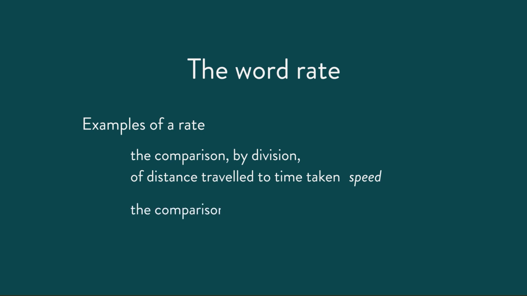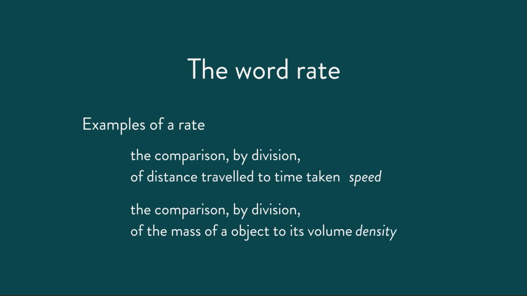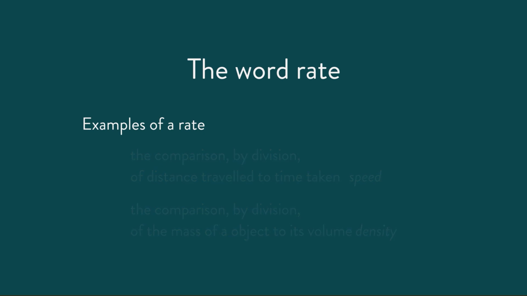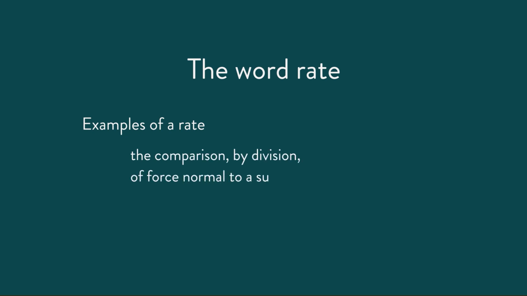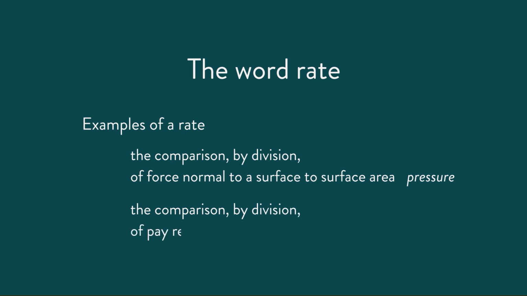The comparison by division of the mass of an object to its volume, which is called density. The comparison by division of force normal to a surface to the surface area, which is called pressure. The comparison by division of pay received to hours worked, which is called hourly rate of pay.